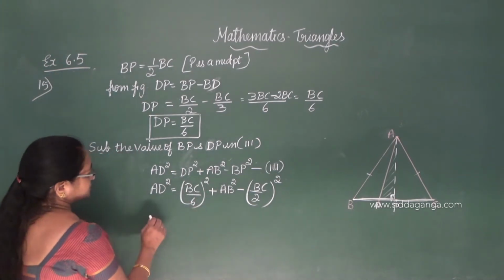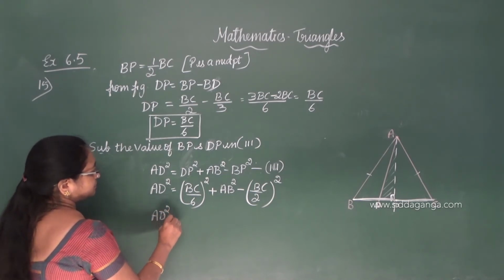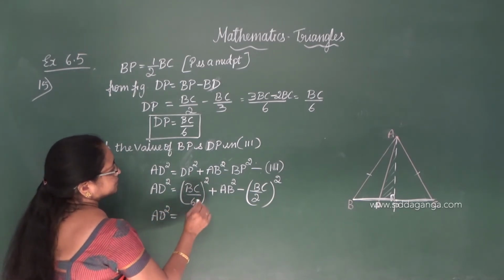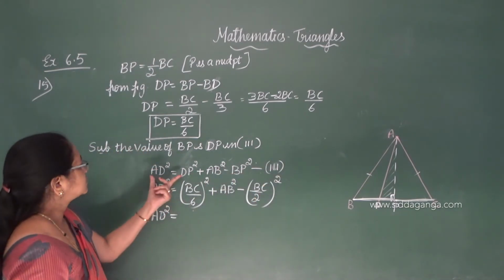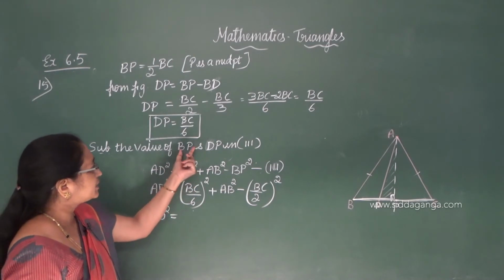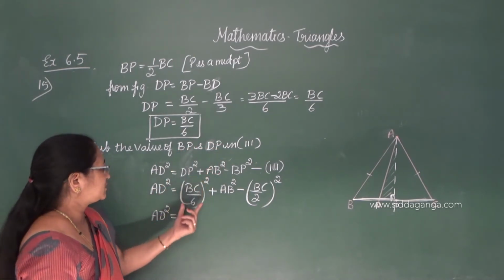Now this simplification, AD square is equal to, see, we had this main equation earlier, so for that you have to apply the value of BP and DP in this equation. So I have done it here.